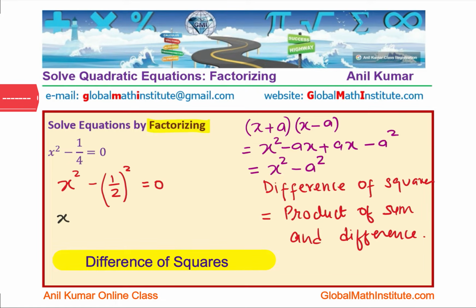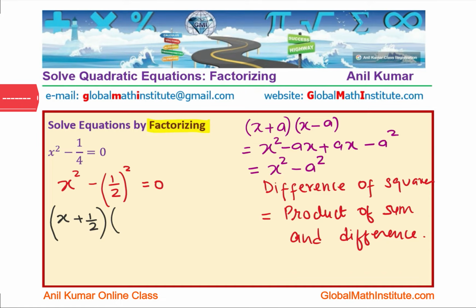And so it could be written as x plus half. So difference of square is product of sum of x and half and difference, which is x minus half, equals to 0. Do you see that? That is what we mean when we are saying difference of squares is equal to product of sum and difference.